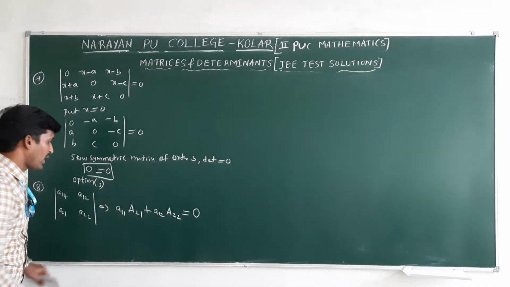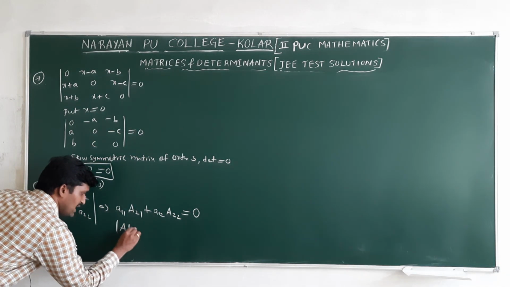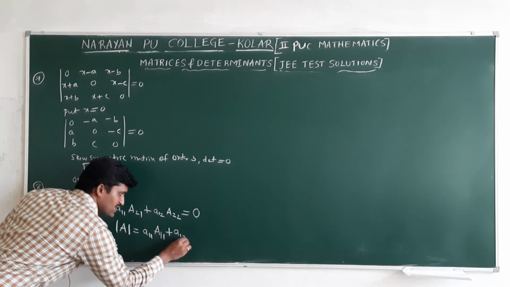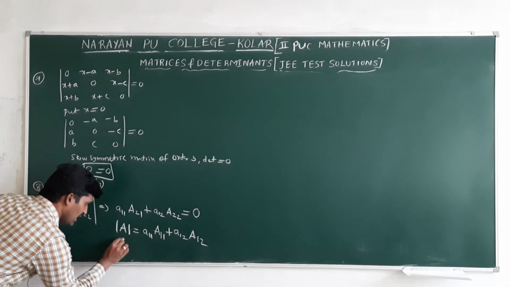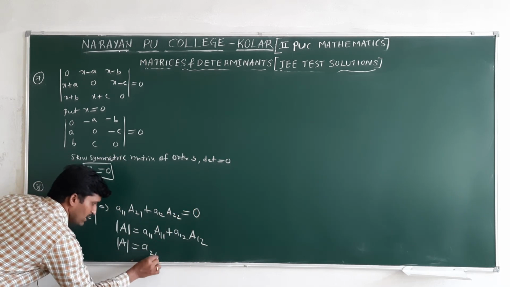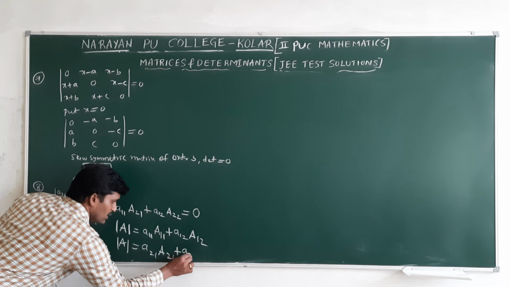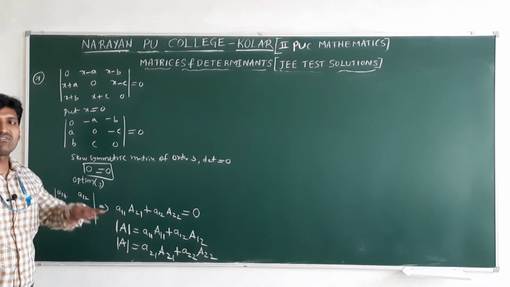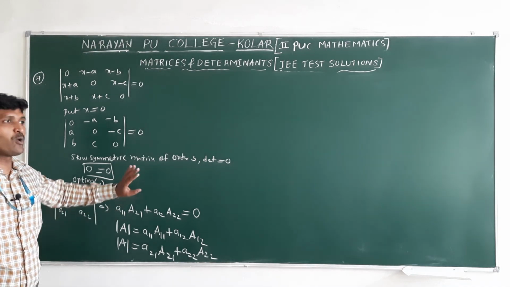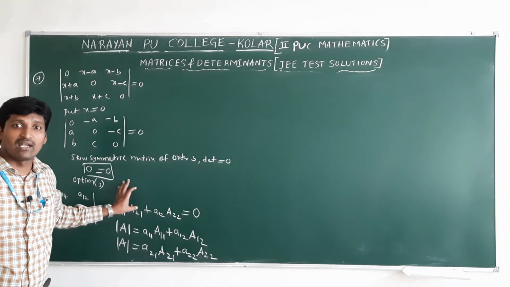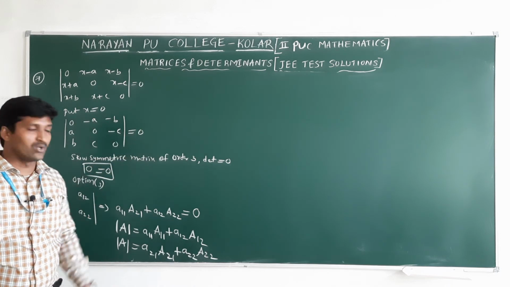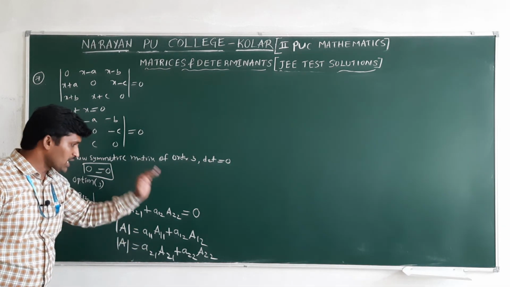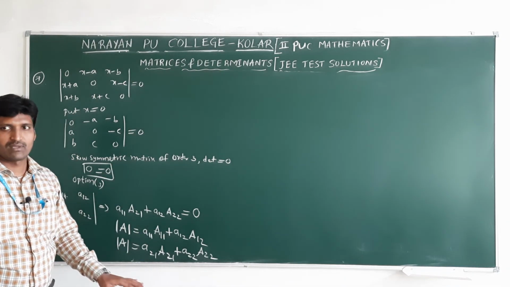And det A is the sum of the products of elements with their corresponding cofactors, in any manner: A21 into capital A21, A22 into capital A22. When you take the sum of the products of elements with the cofactors of another row, the value is always 0. The det value comes only when you take the sum of the products of elements with corresponding cofactors of the same row.